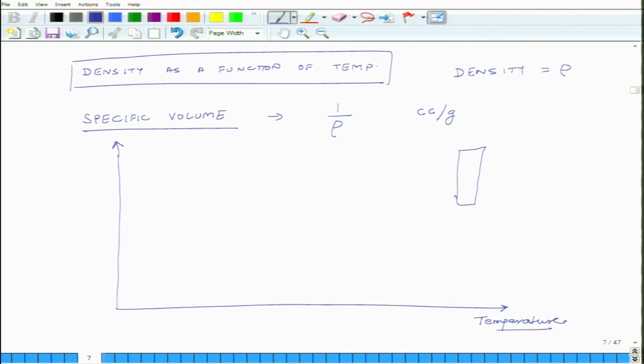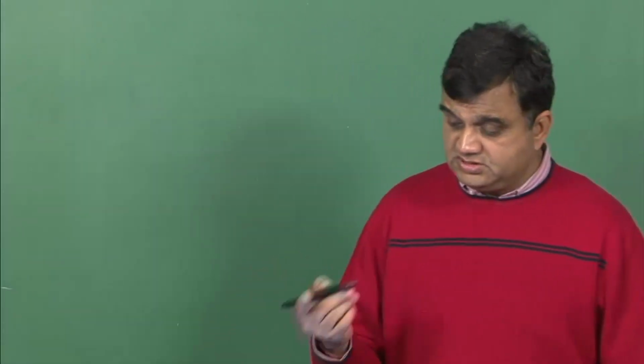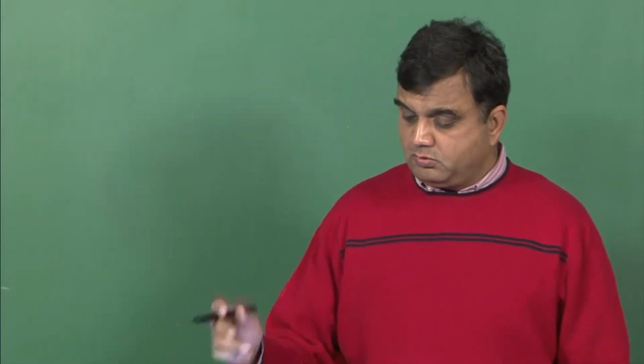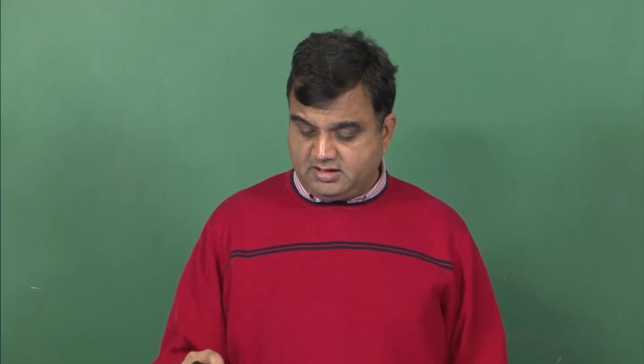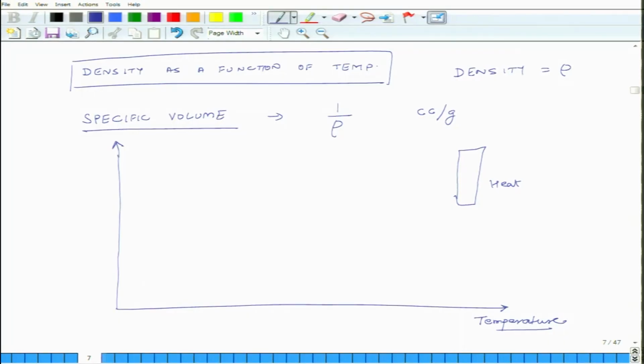This could be either semi-crystalline or amorphous, and we are heating it up, and we are seeing how its specific volume changes. So how do we figure out the specific volume? As we heat it, its mass is not changing, but its volume keeps on increasing. So I measure the volume and I divide it by its mass, and then I get 1 by rho.